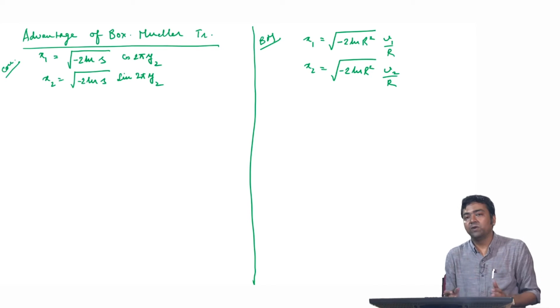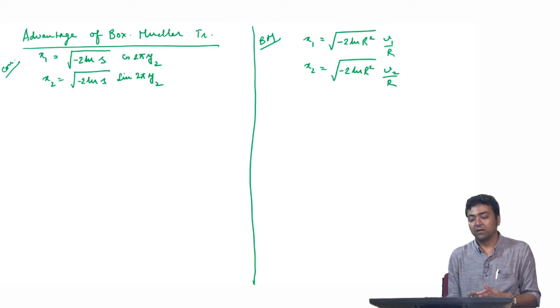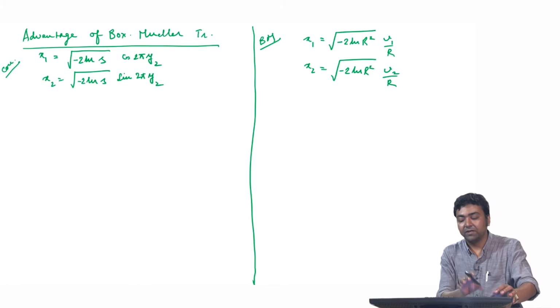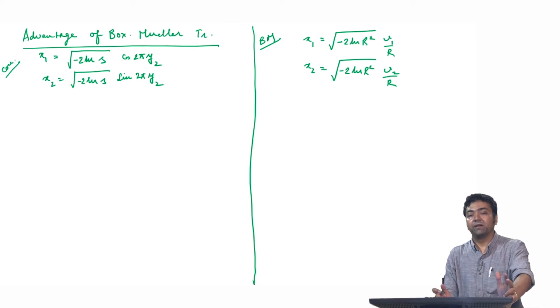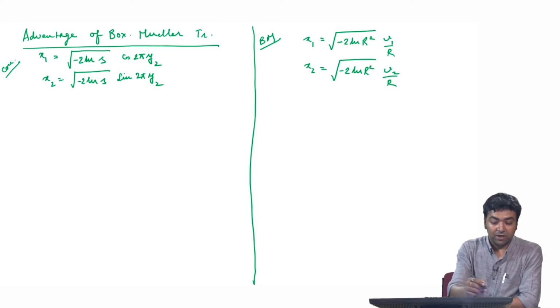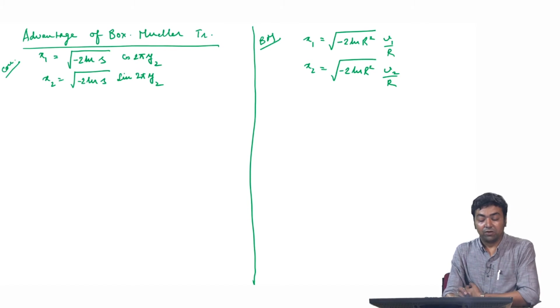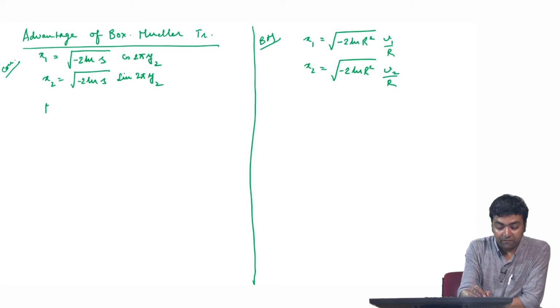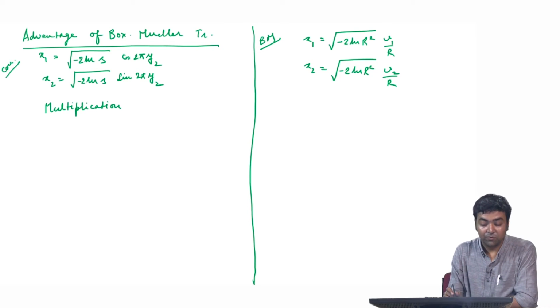So, now let us see how many mathematical operations we need to perform for each of these two cases to get a pair of random numbers. Let us start with the conventional one. The first mathematical step one needs to do is multiplication. So, how many multiplications do we need to do?